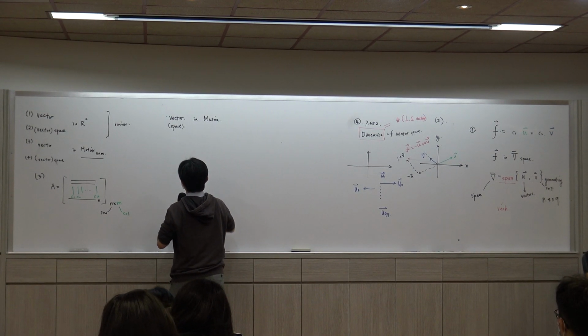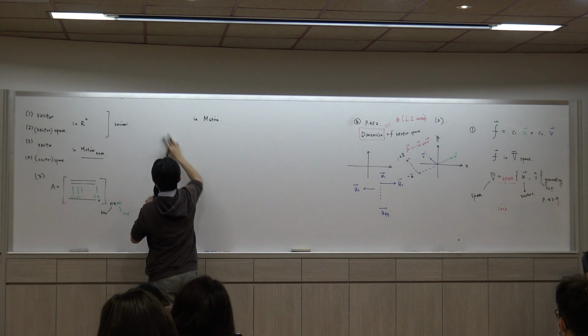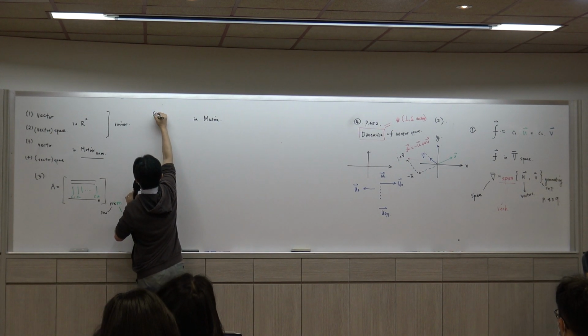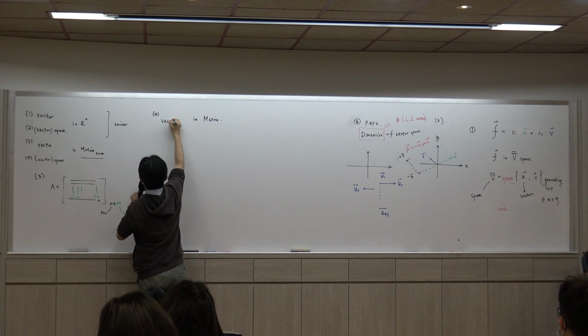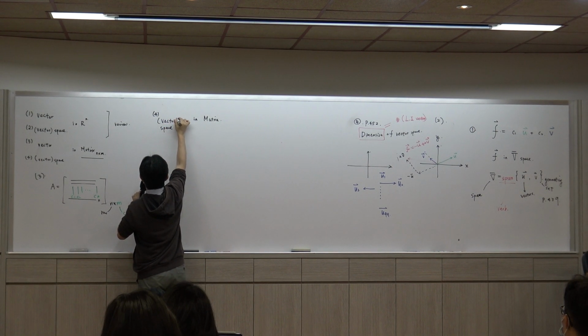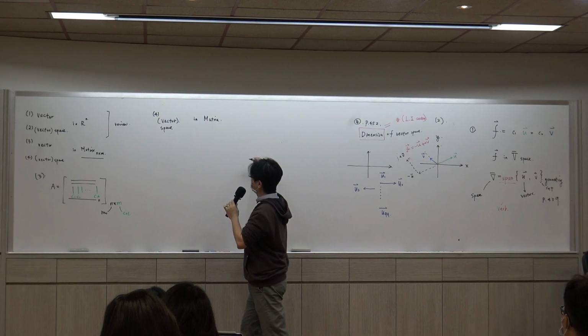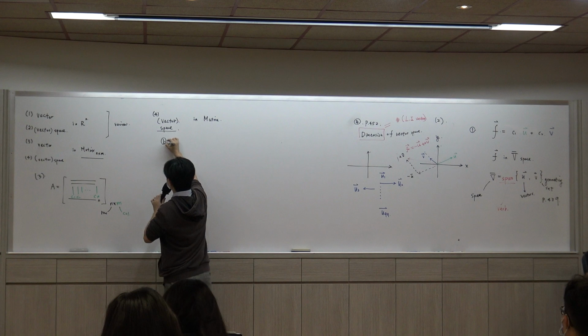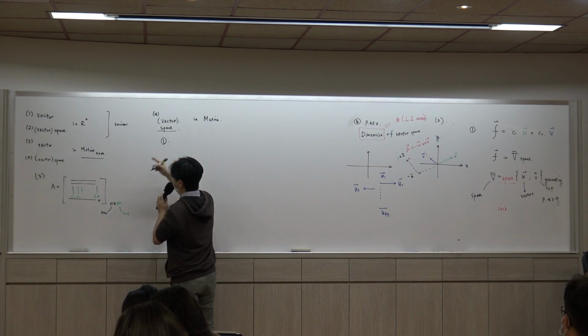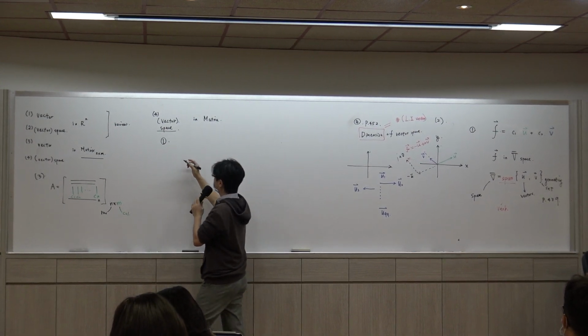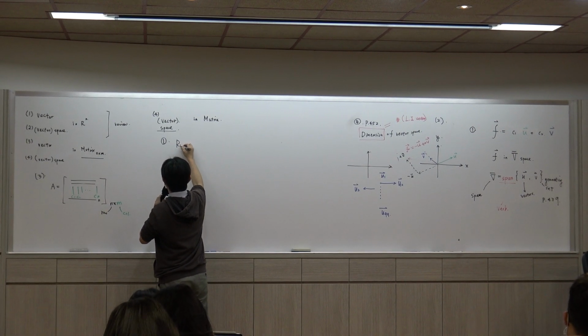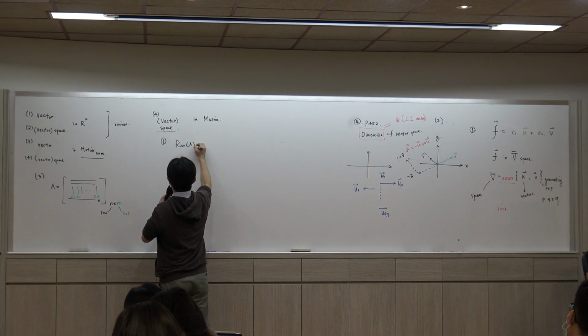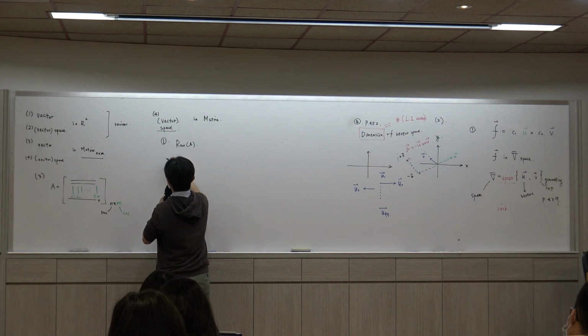And there are some spaces in the matrix. The first is the row space.